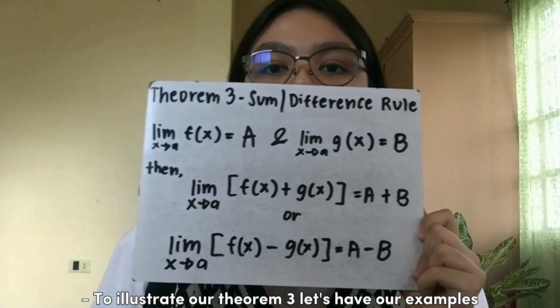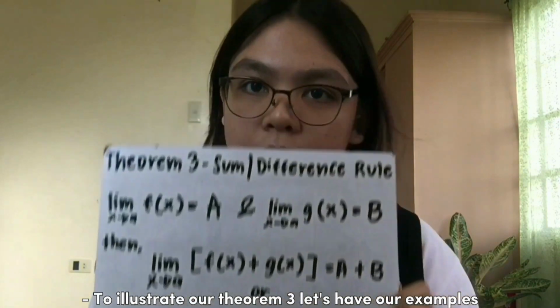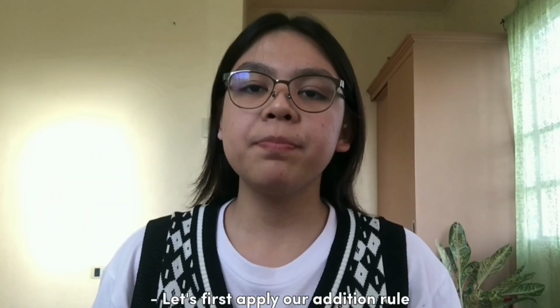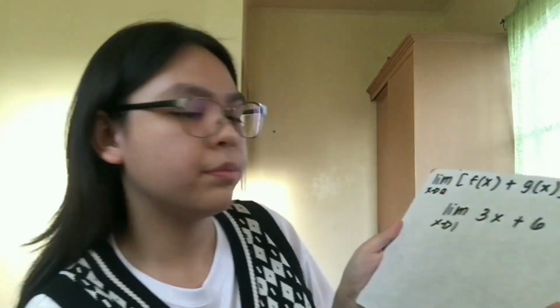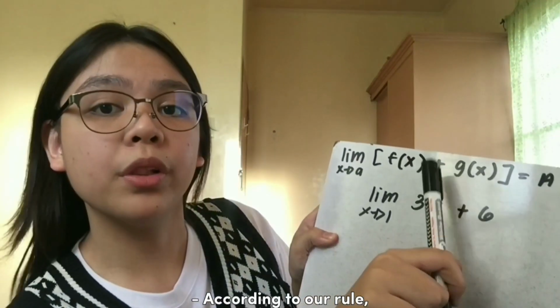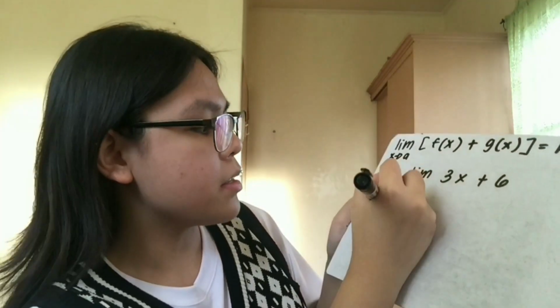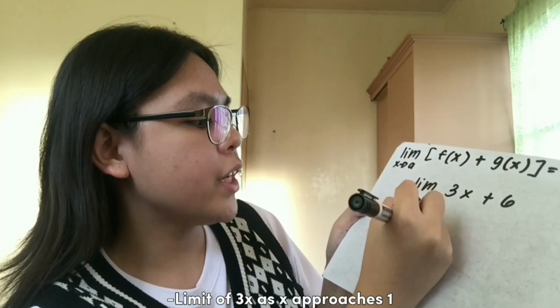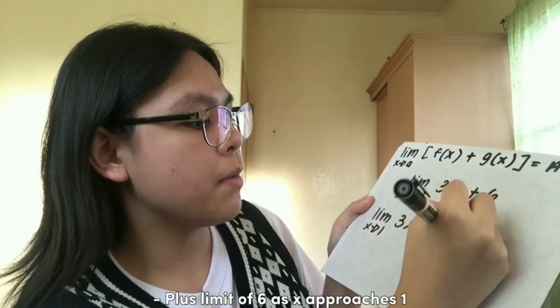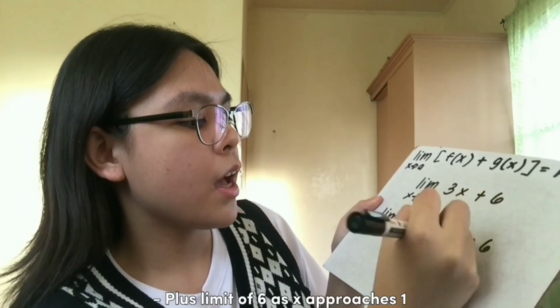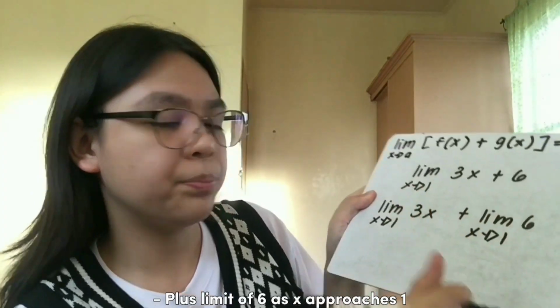To illustrate our theorem 3, let's have our examples. Let's first apply our addition rule. Let's say we have the limit of 3x plus 6 as x approaches 1. According to our rule, this can be written as the limit of 3x as x approaches 1 plus the limit of 6 as x approaches 1.